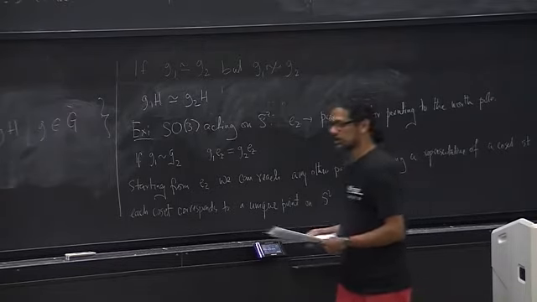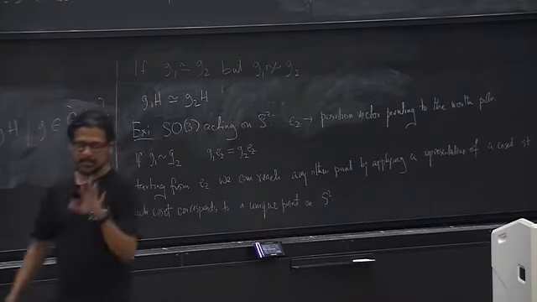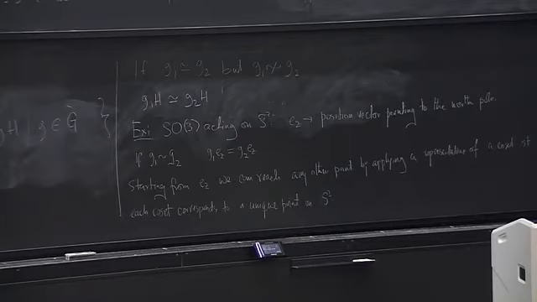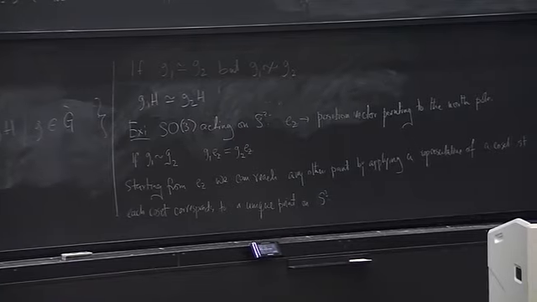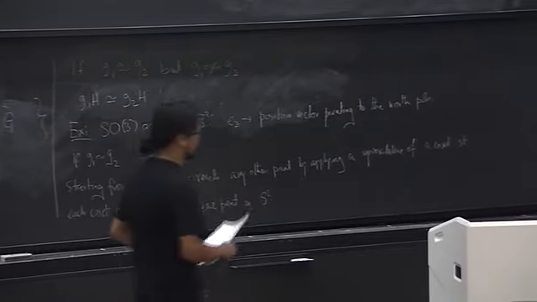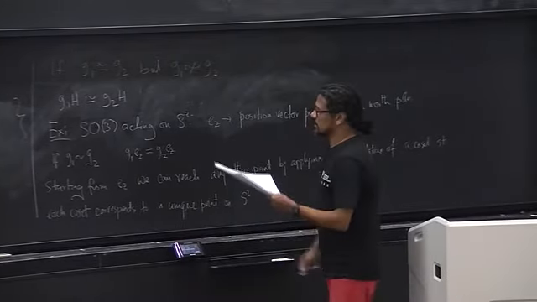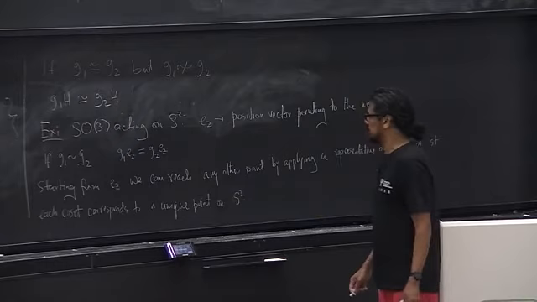So in other words, the elements of the coset space are in one-to-one correspondence with the points on S2.